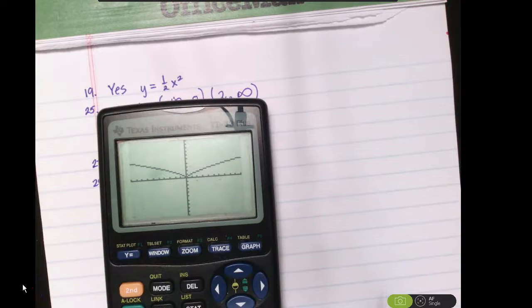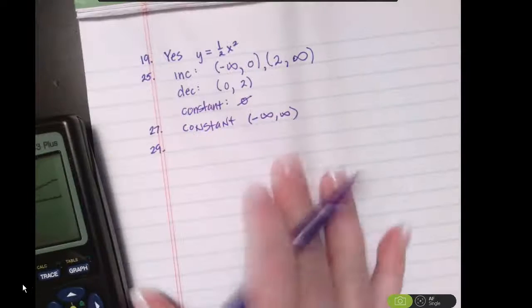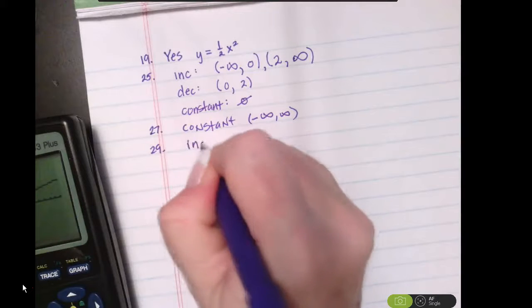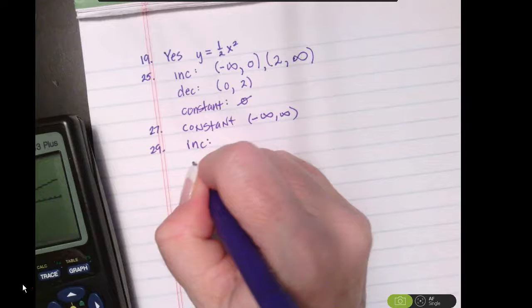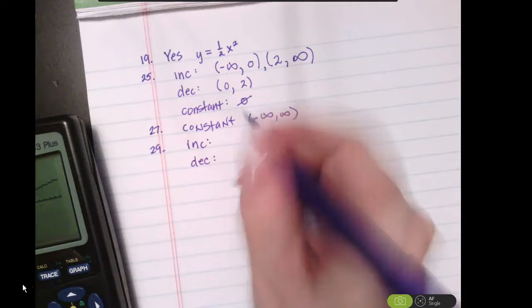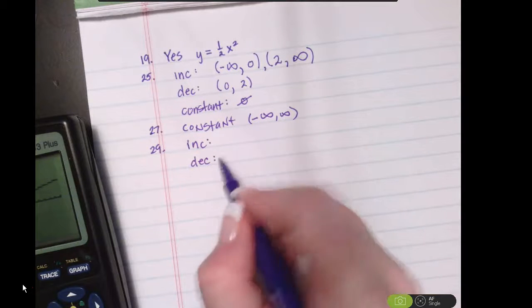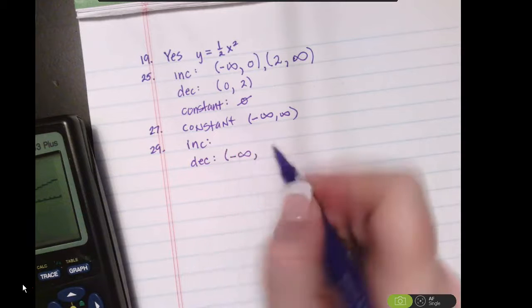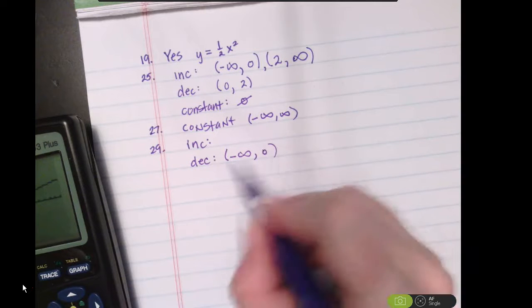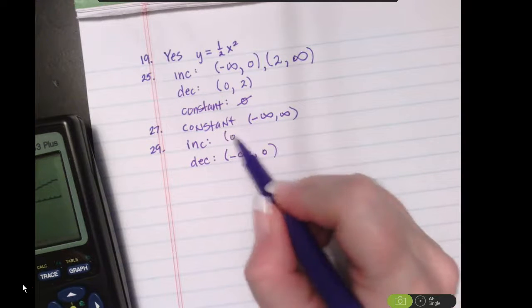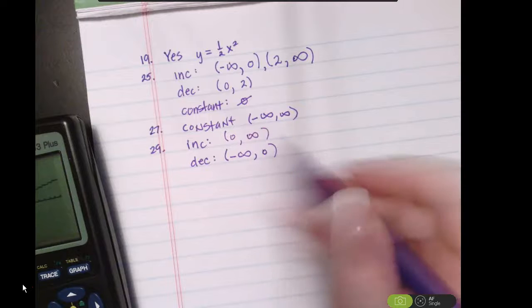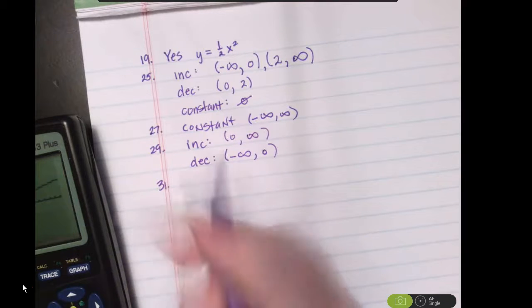Okay, so it looks like on the left side, we're never constant, so I'm going to make a notation here. I'm looking for some increasing domain values and some decreasing. So we start out at negative infinity, and then when we get to 0, we stop decreasing and we start increasing.